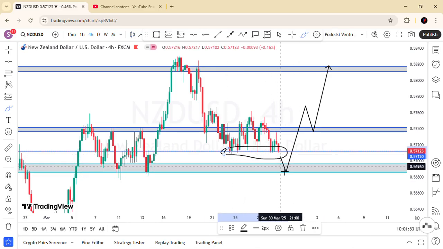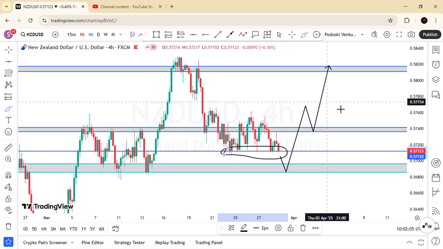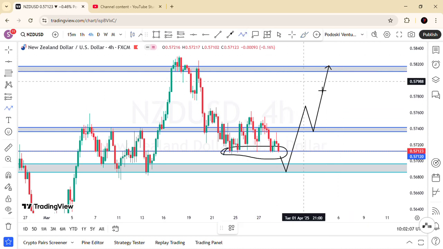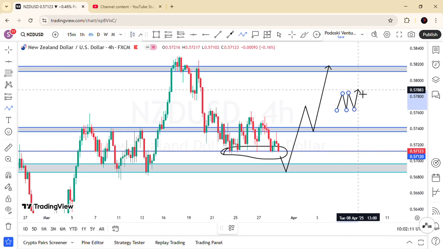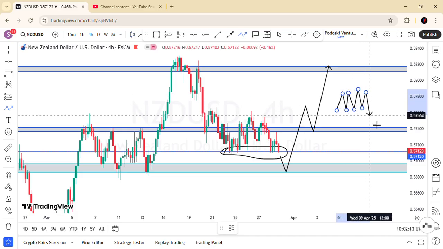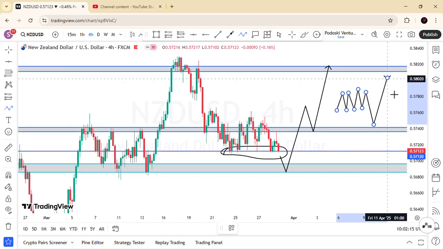Liquidity traders will tell you price will drop and grab liquidity over here before going up. So it moves in this form. Then boom, it starts going up.